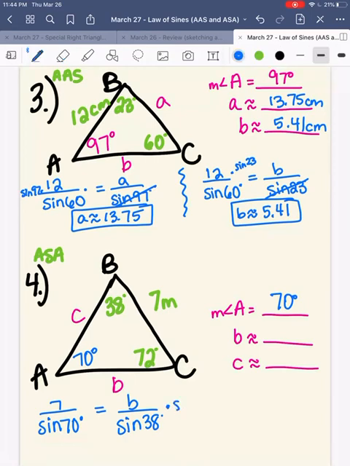All right, so I'm going to times by sine 38 to get rid of those. Okay. So we're going to do 7 divided by sine 70, and then you should get 7.449, etc. And then we're going to times by sine 38. You should get 4.59 meters.